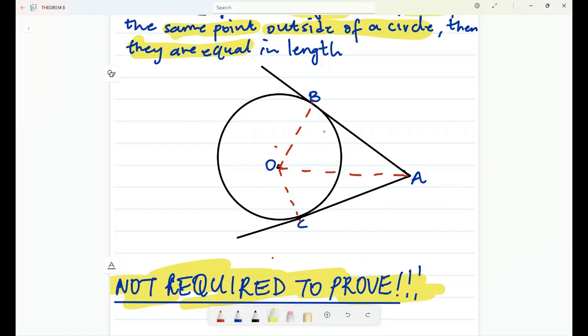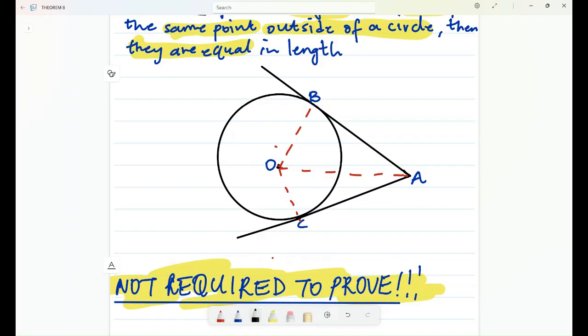Now, actually we are talking about triangle OBA as well as triangle OCA. So we are talking about two triangles here. Do you all agree with me that OA is a common side on these two triangles? Yes. Then, if you remember very well the theorem that we did, Theorem 7, it says a tangent to a circle is perpendicular to a radius at the point of contact.